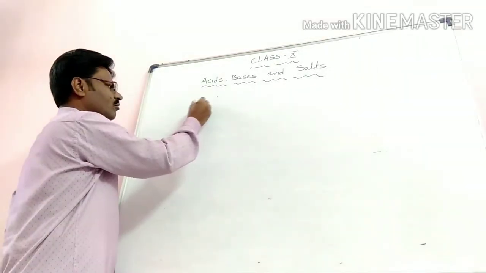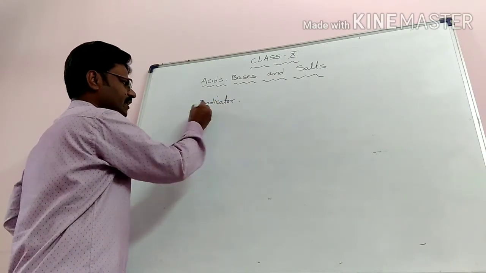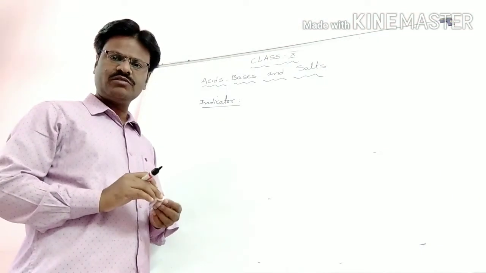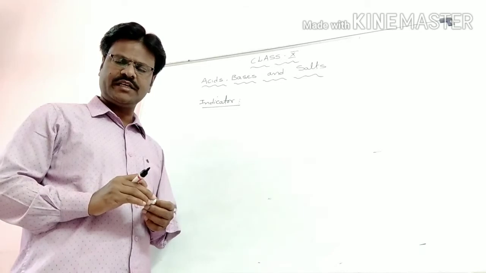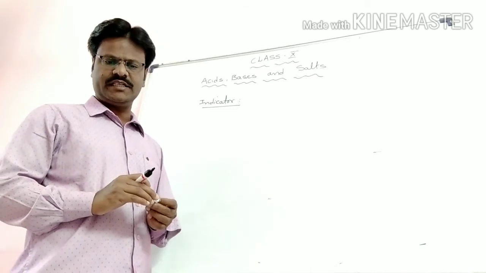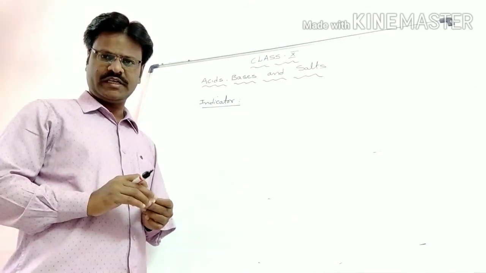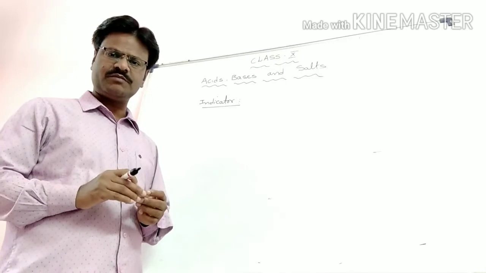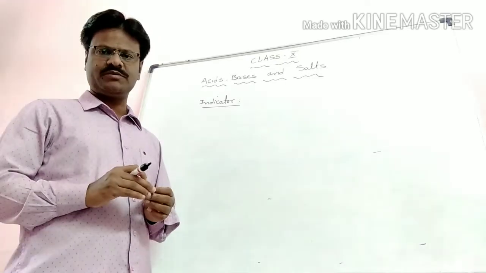Then what is an indicator? An indicator is a very weak acid or base. An indicator is also a chemical substance which we use to identify the nature of acidity or basicity of substances.